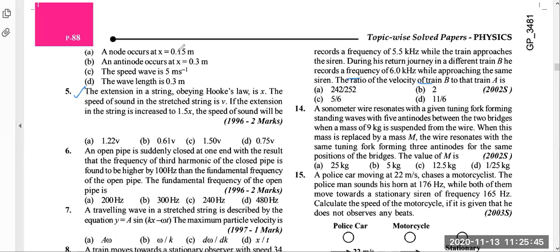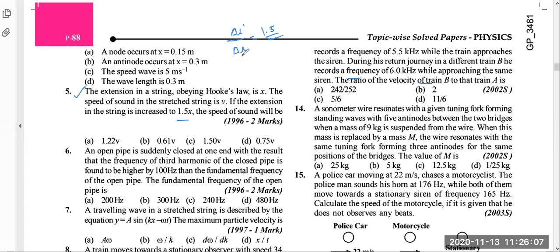I hope all of you understood the concept, at least the problem that is asked. So you have been told that the extension of the ring is increased by 1.5 times, meaning delta L dash by delta L is equal to 1.5. And you are asked to find the speed of the sound.